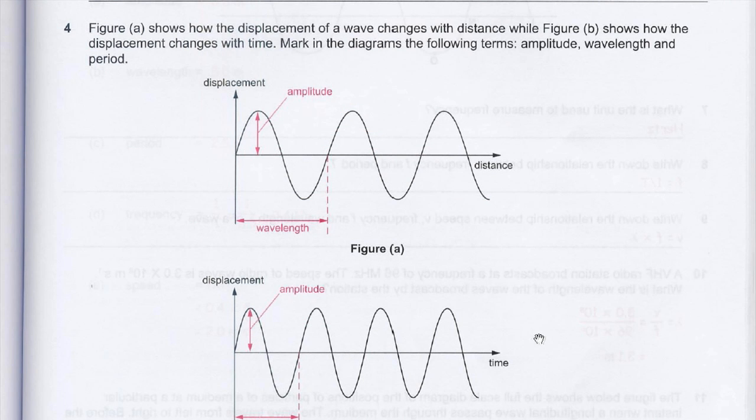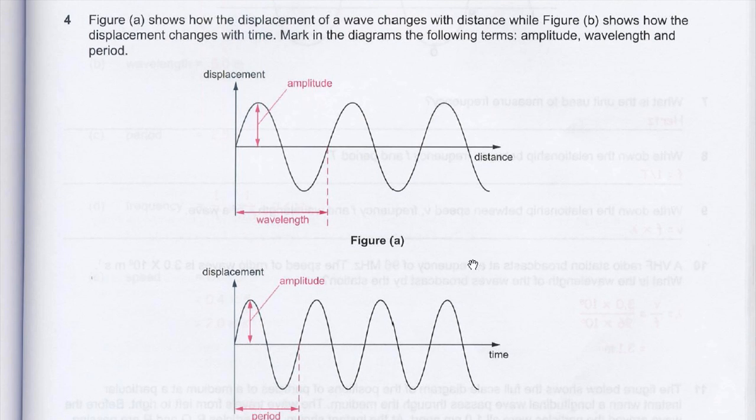Now for question 4, a lot of you simply left it blank, or you just thought that the two graphs are the same, and how you all draw the amplitude and wavelength are actually similar. So over here I want you all to listen very carefully, because this is quite important in differentiating what the differences are between the two graphs.